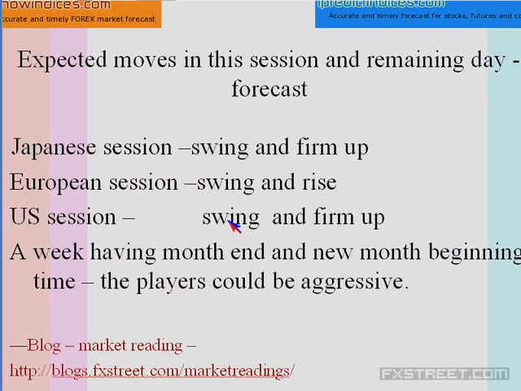They are all position-taking levels and later on they are expected to firm up. Tomorrow again they are expected to make a volatile move to start with and then subsequently spike up from the European session, and month end will see very aggressive gains in the case of Euro and GBP as well as USD, on the 30th.